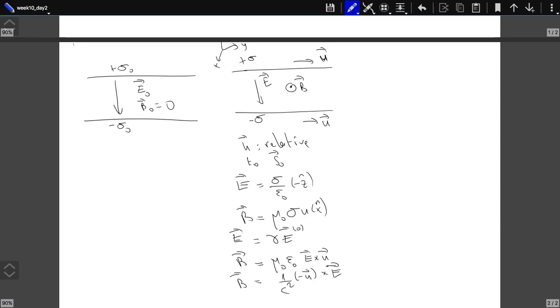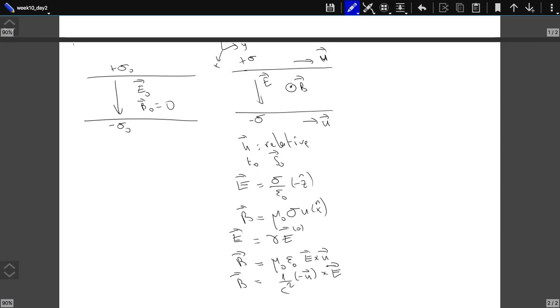Well, you see, u is the speed of the plates in my S prime reference frame. But minus u is the speed of my S prime reference frame relative to the S reference frame. If I'm moving in this direction, then the plates will be moving in that direction.